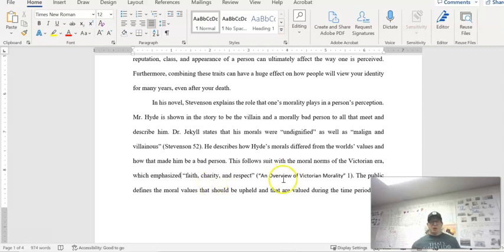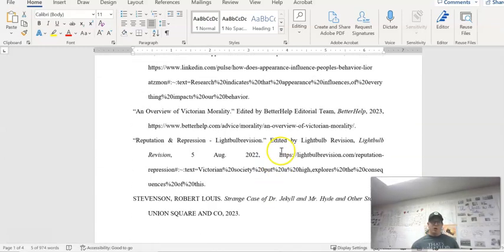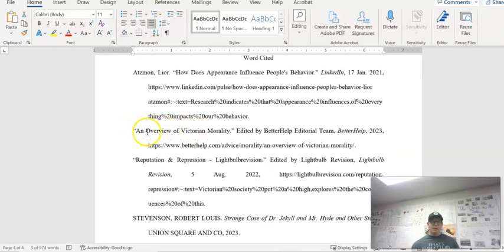And then you put in the parenthetical citation the title of the article, because the title of the article is what is stated here. Okay.